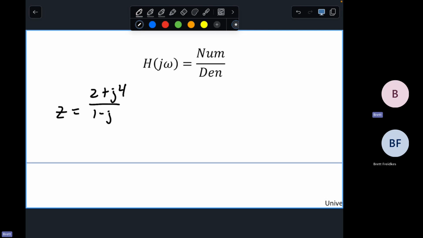Is that okay? 3j, thank you. This is a complex number I gave you in the homework, just to find the magnitude of. I'm not going to do the complex conjugate way. I want you to do that on your own. But in regards to this trick, we will take the magnitude of the numerator divided by the magnitude of the denominator.